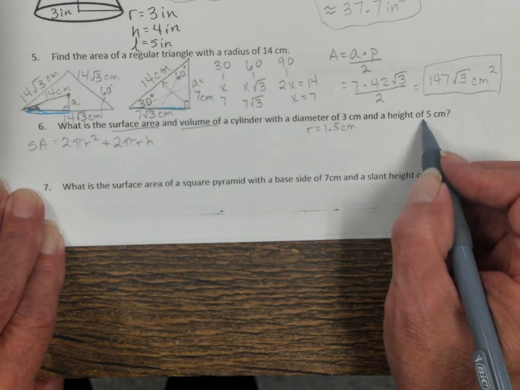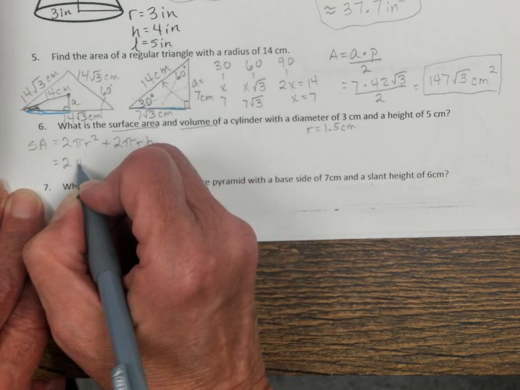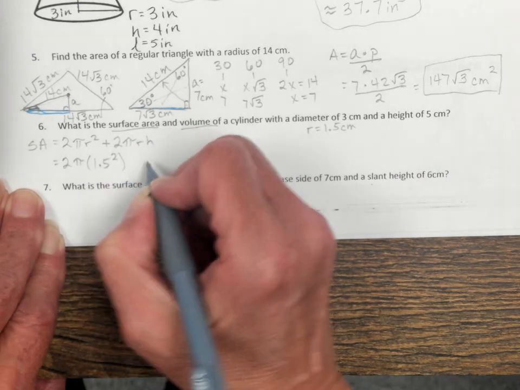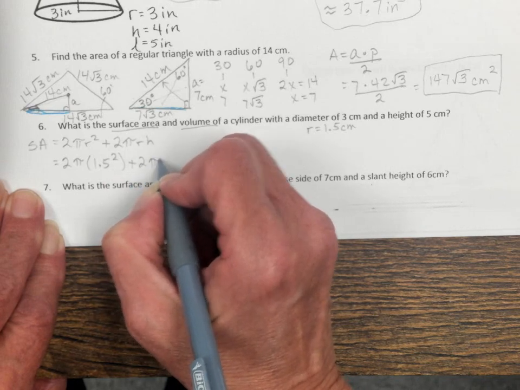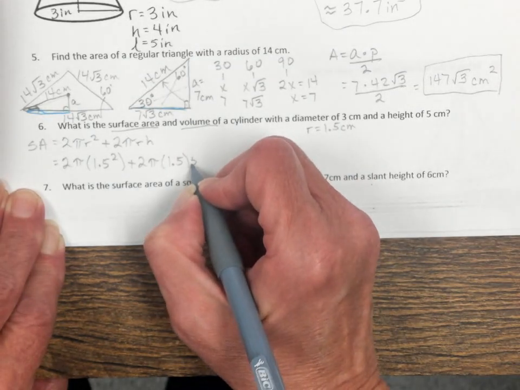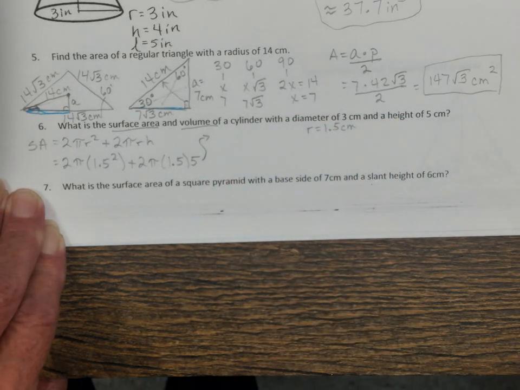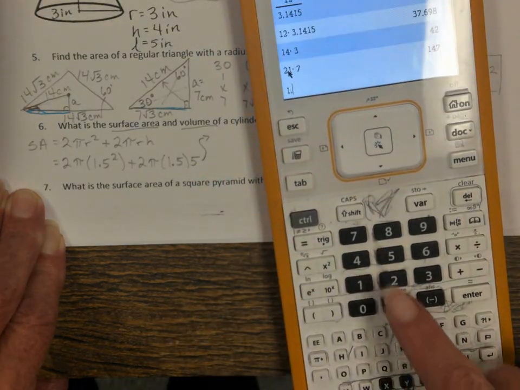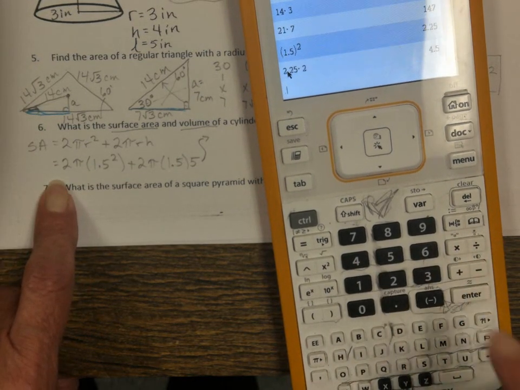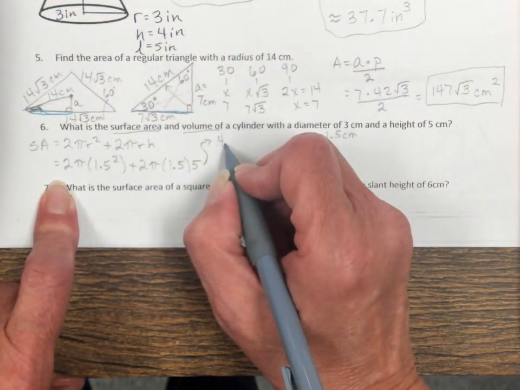So I've got the radius, I've got the height. I'm just going to plug what I've got in. 2 times pi times my radius, 1.5, squared, plus 2 times pi times my radius, 1.5, times my height of 5. Now 1.5 squared times 2 gives me 4.5.